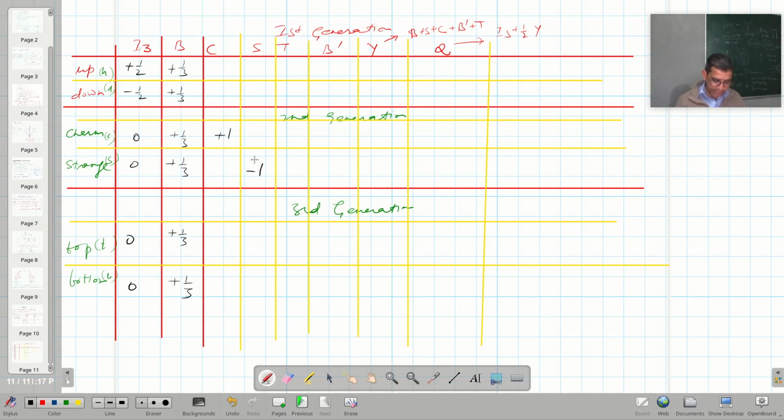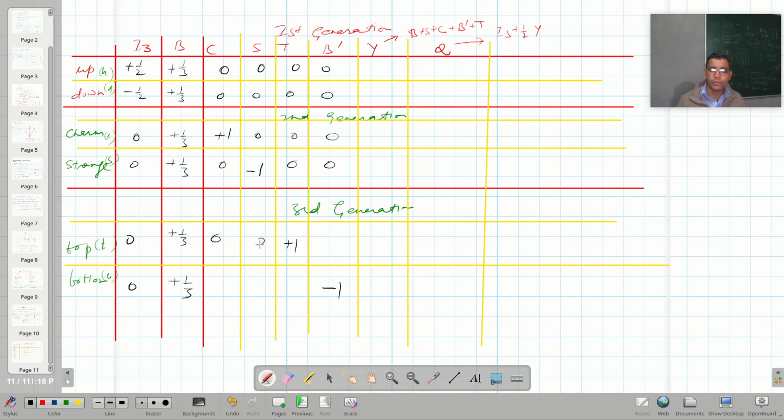For the top and bottom, topness will be plus 1, and bottom will be minus 1. These are the things we have to keep in mind, and the rest of the quantum numbers are 0 up to B prime, right? So these are the few things which you have to remember.